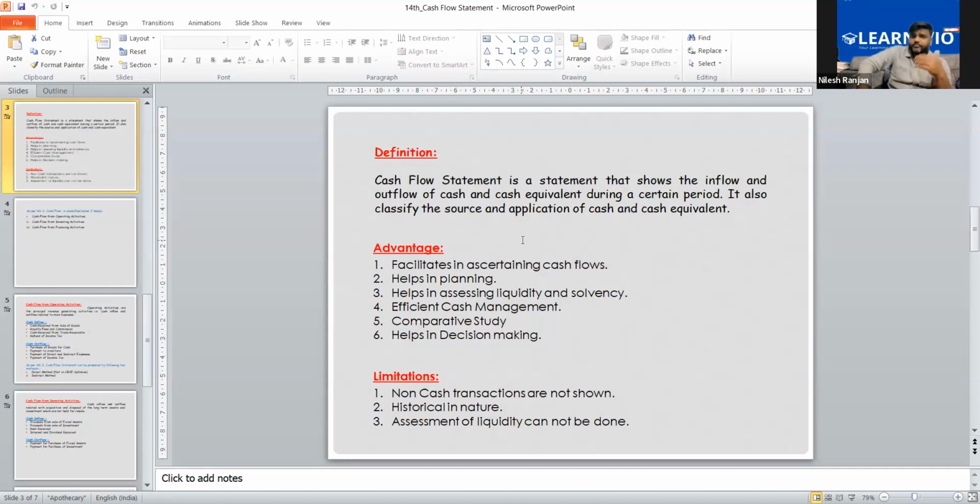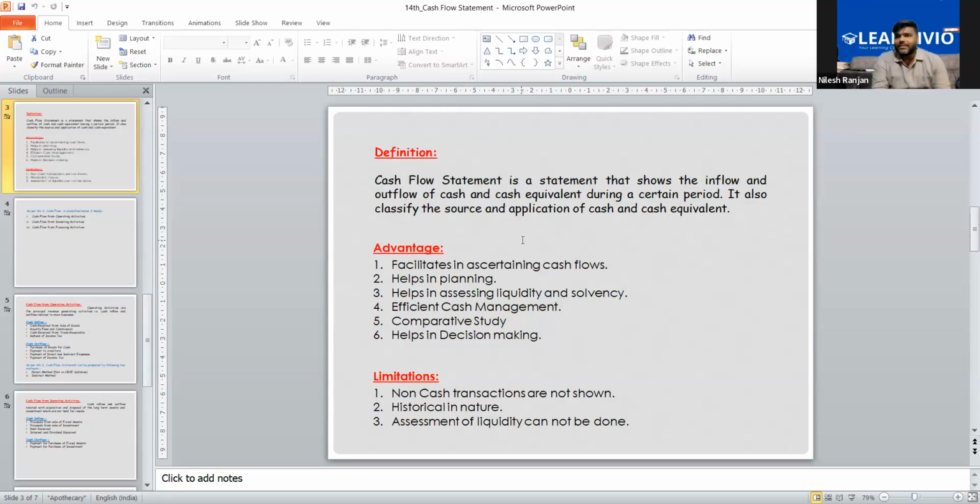Then there are various outflows of cash also, like payment to creditors, cash purchases, payment of different expenses, payment of tax, all these things are outflows. So inflow means cash is coming, outflow means cash is going. So there are various types of cash inflow and outflow during the year.